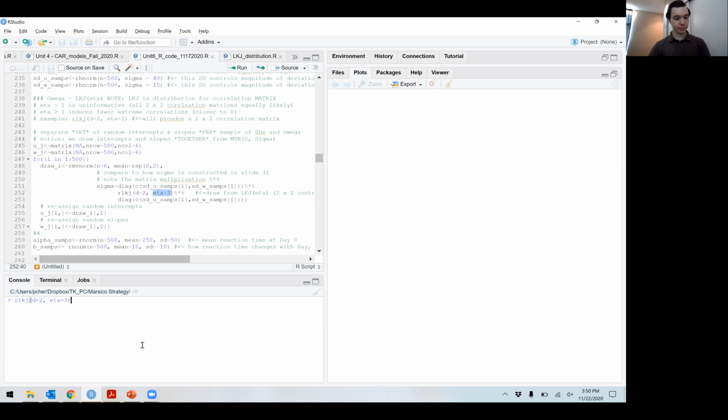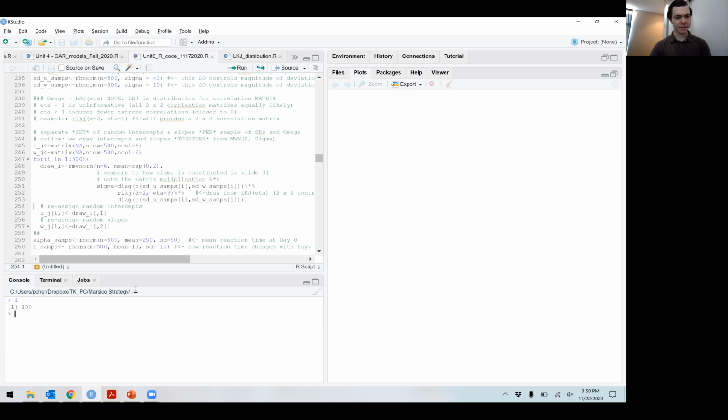If I now allow this term to be 1, I should get more extreme values. And I just saw 0.76, there's 0.69, there's a negative 0.74, because now I'm assigning all possible 2x2 correlation matrices equal prior probability. Okay, so I will do this 500 times.